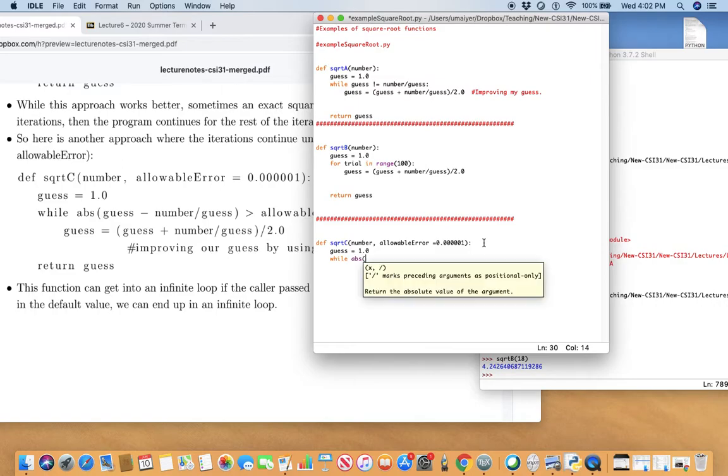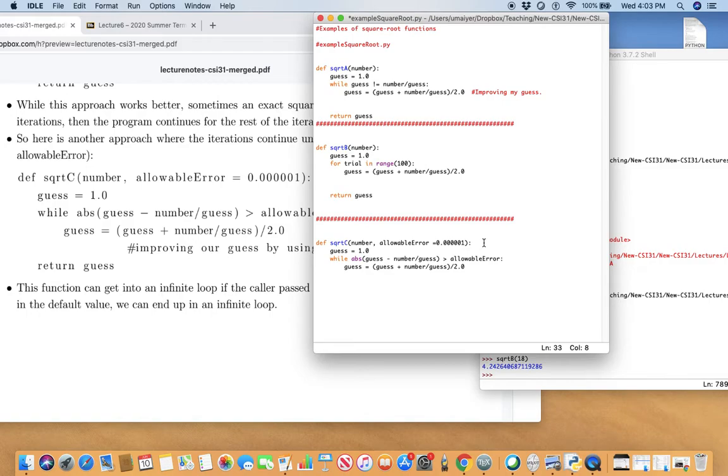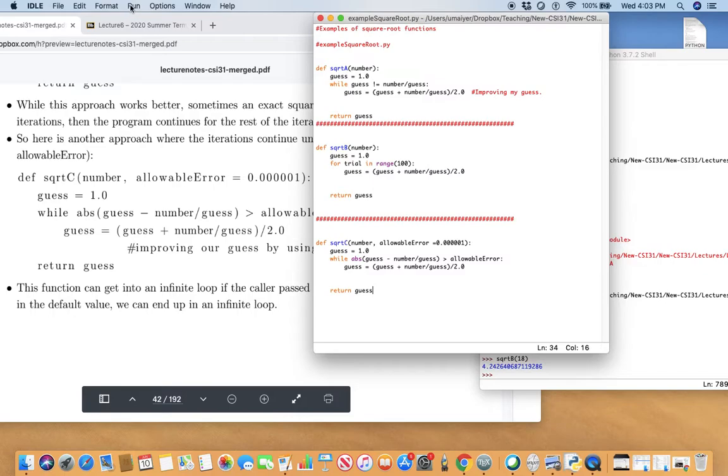While the absolute value of guess minus number over guess is greater than the allowable error, improve your guess. And don't forget to return. Mind you, return is not in the while loop. It has to be aligned with the while loop. Let's run this.